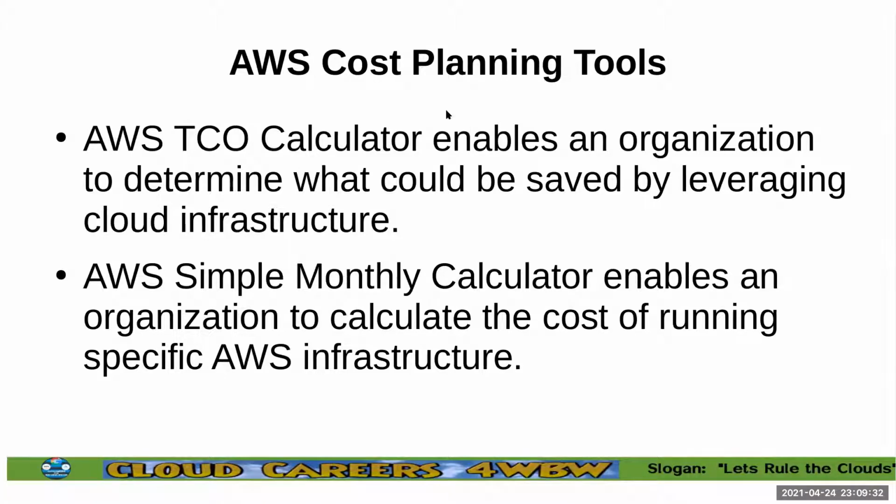So when you're thinking of planning tools, you have the TCO calculator, and it has to do with when you are moving to the cloud and you want to figure out how much you can save. The Simple Monthly Calculator, cost of running specific AWS infrastructure. So notice here that it's saying cost of running specific AWS, sorry, should be resources here. Specific AWS infrastructure, resources, yeah.